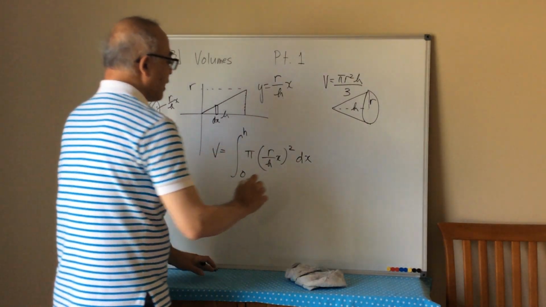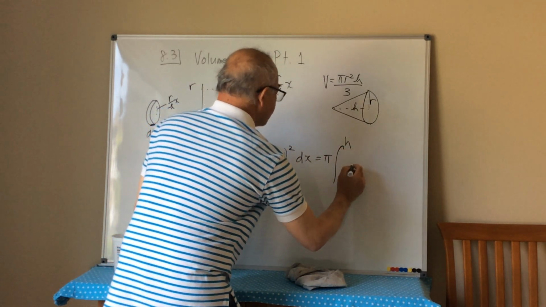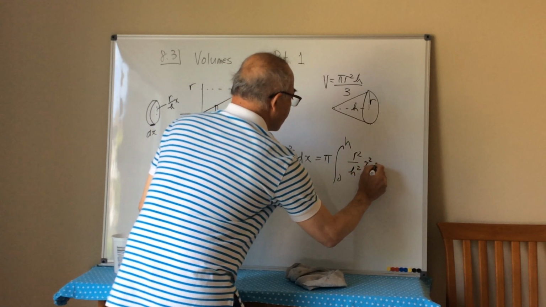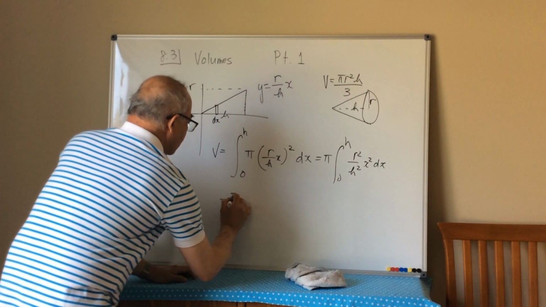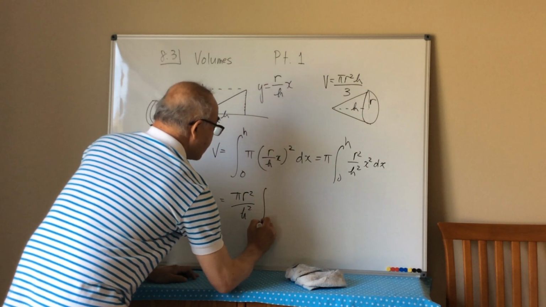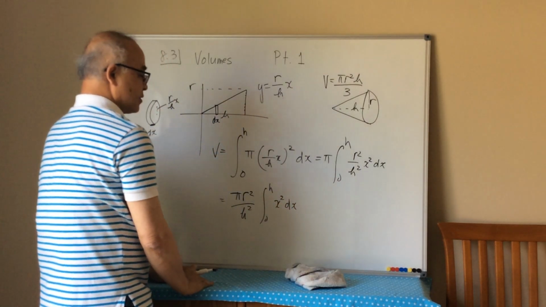So I pull the pi out. Pi, integral from 0 to h, r squared over h squared, x squared dx. I can pull these constants out. We have pi r squared over h squared, integral from 0 to h of x squared dx.